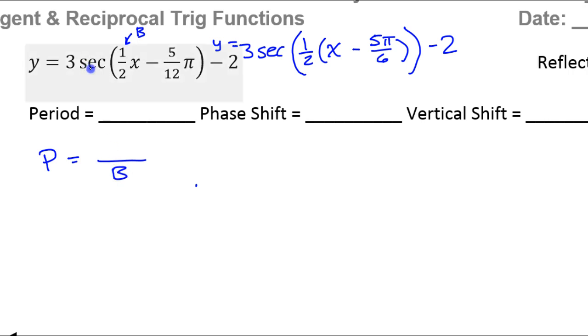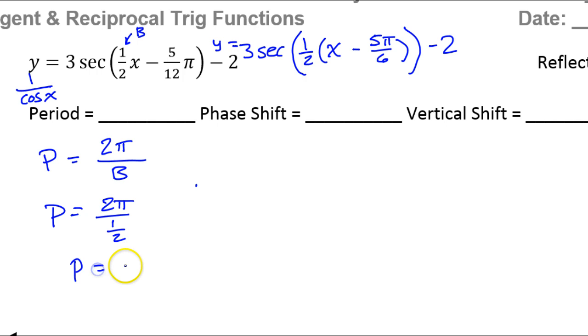Secant is the reciprocal of the cosine function, and both cosine and secant have a period of 2 pi. So the period is 2 pi divided by 1/2, which is 2 pi times 2, so the period is 4 pi.